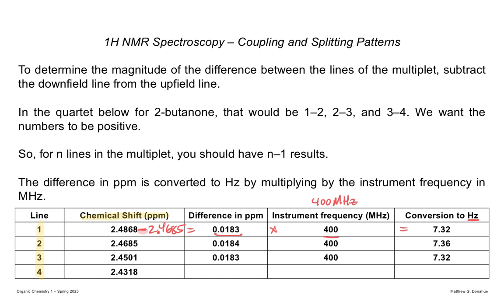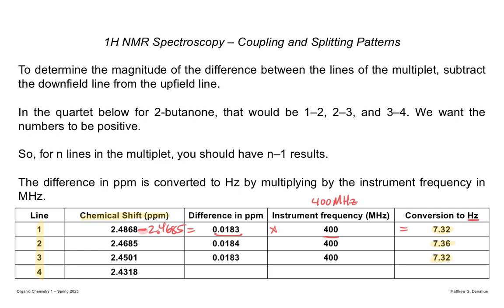What you'll see is that you're all basically arriving at the same number, so 7.3. It's called a coupling constant because no matter what field strength of instrument you run it on, you're always going to get the same value.